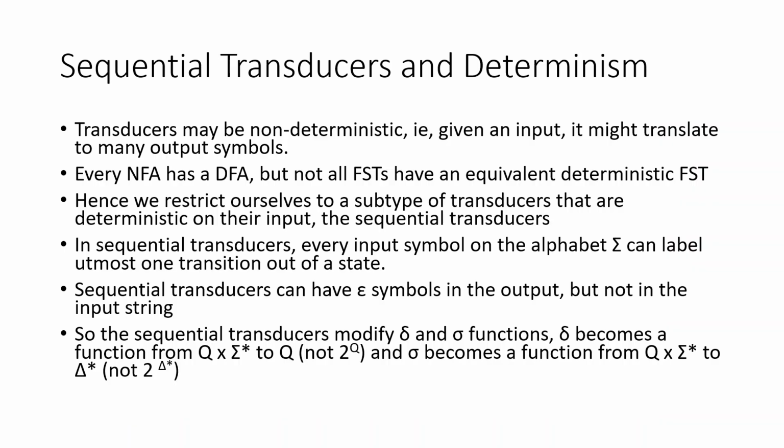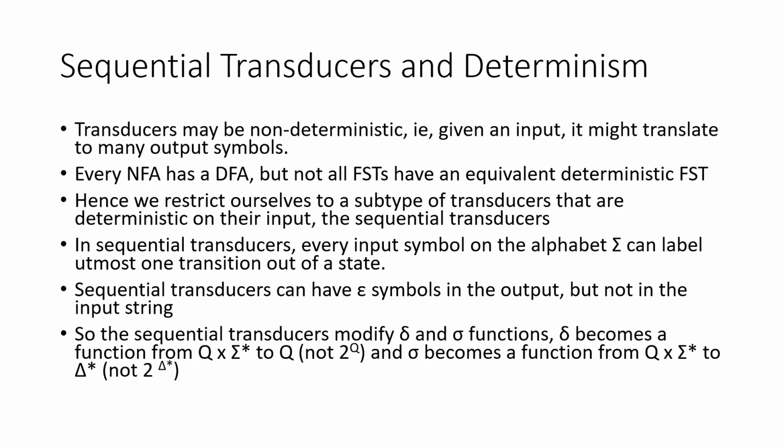Okay, now, we said finite state transducers are non-deterministic. You've studied deterministic finite automata and non-deterministic finite automata also, right? To code a non-deterministic finite automaton, for the same input you have multiple transitions, so it is very difficult to actually implement it.